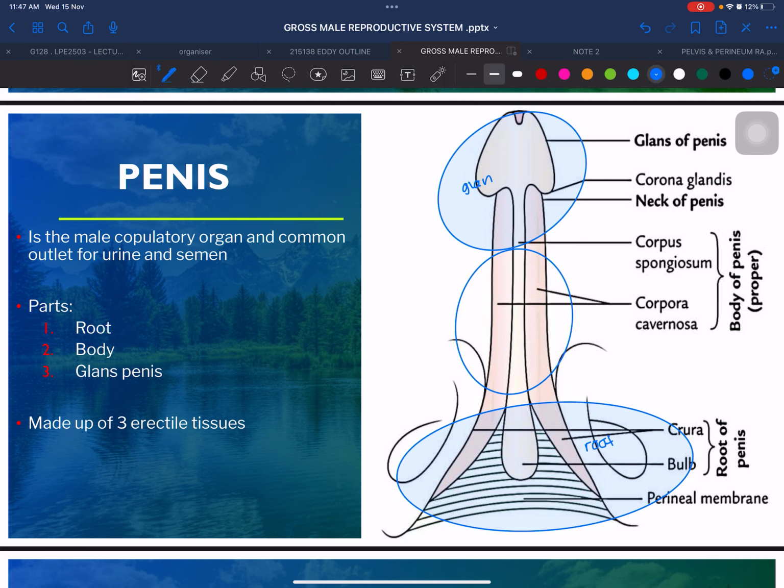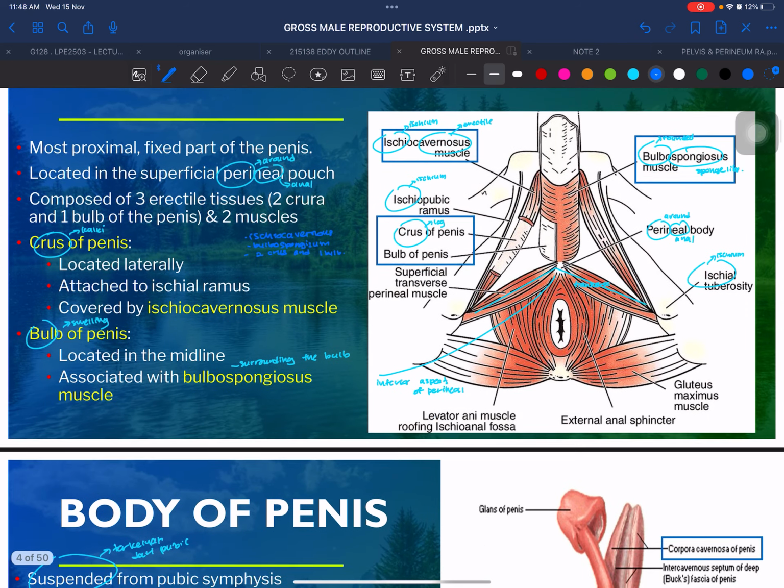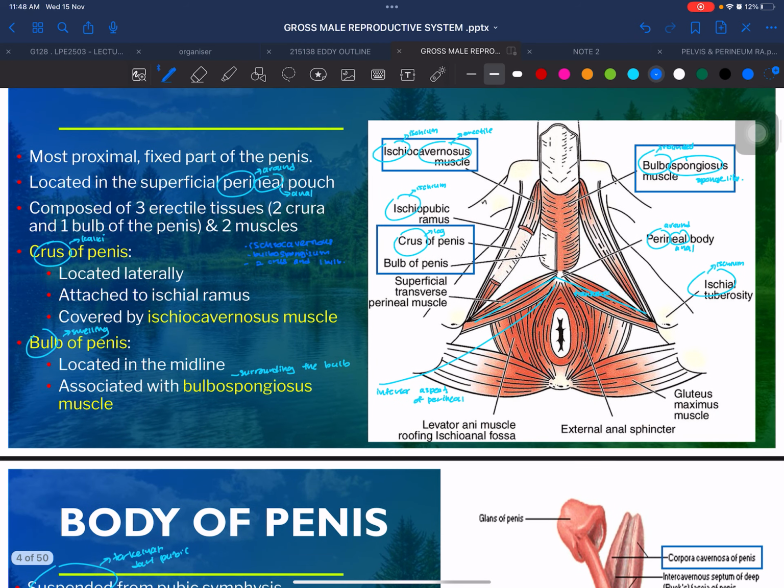The root of the penis, okay, so I mentioned it's the most proximal and fixed part of the penis, located in the superficial perineal pouch. It is composed of the 3 erectile tissues, which are 2 crura and 1 bulb. Okay, 2 crura of the penis and 1 bulb of the penis, and 2 muscles, which are the ischiocavernosus muscle and bulbospongiosus muscle.